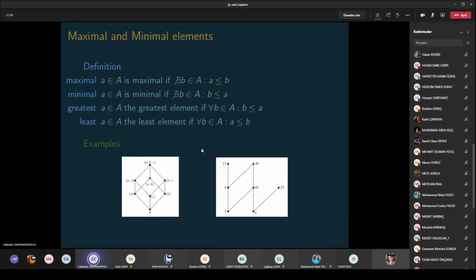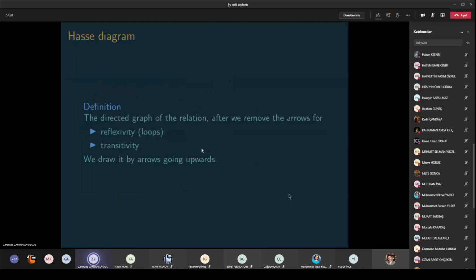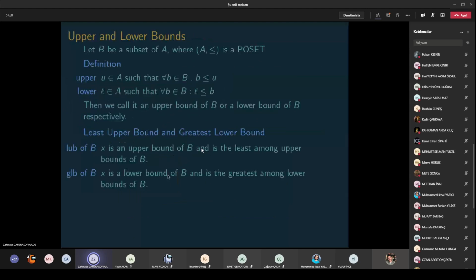So it's the greatest divisor, the greatest common divisor, GCD. I just wanted to show you that these things actually have a meaning. The least upper bound and the greatest lower bound have meaning according to the relation, right?